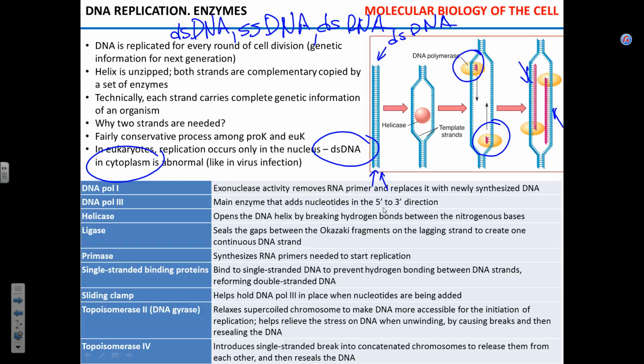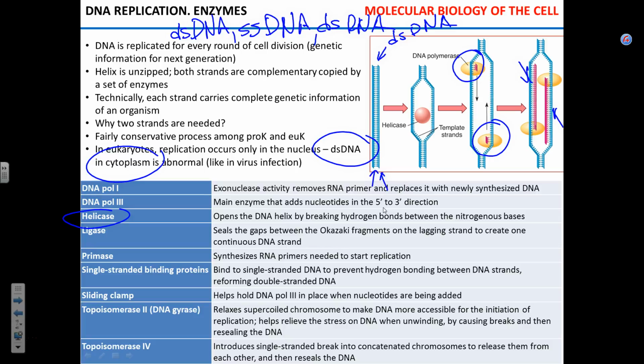First you have to unzip DNA, right? That's the enzyme called helicase. It works like the running thing on a zipper. Unzips. Then you have to prime the synthesis.